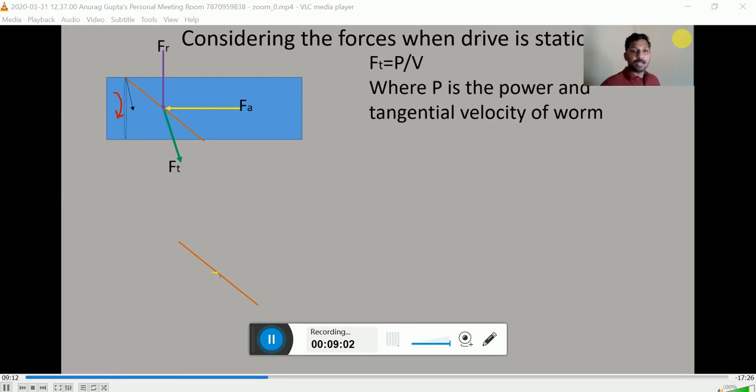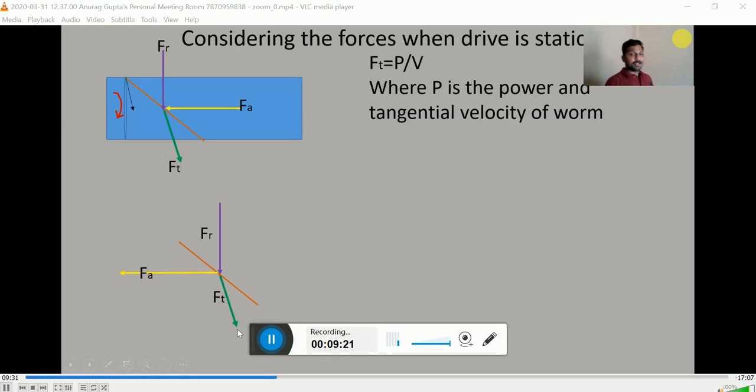Okay. Now these are the three forces which are acting here. This is the radial force, this is the axial force, this is the tangential force. Okay. Now the only known magnitude of the force is Ft, that is P by V. That is known to us.